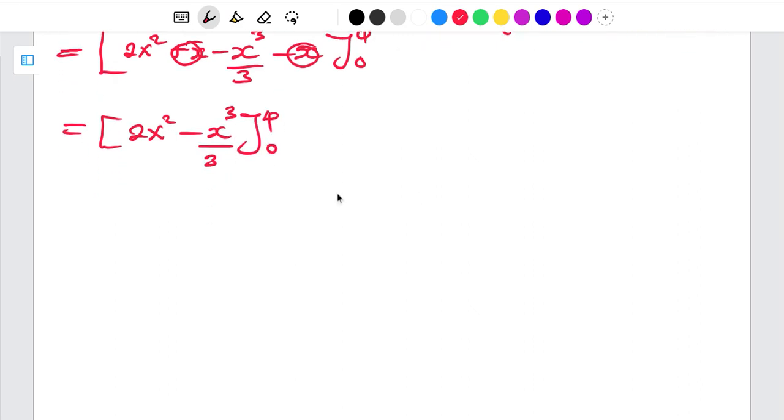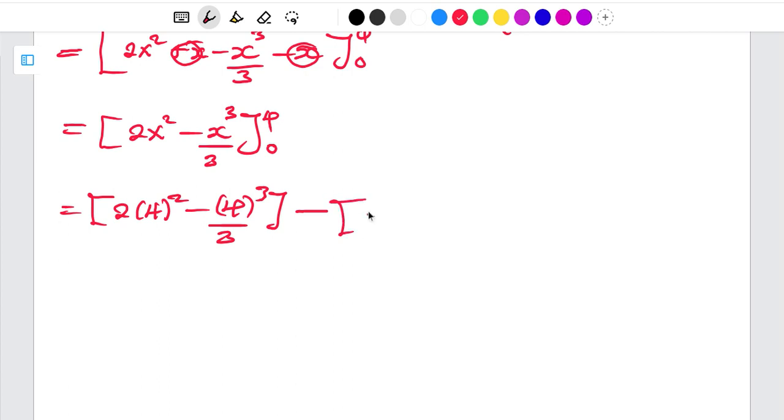So what we're going to do next here is we're going to replace 4 throughout, and then minus, again we replace 0 throughout in this one here. So what I mean is this: for the first part, we're going to replace 4 where we're having x. Okay, so if I replace 4 where we're having x, this is what we are going to have. Then we say minus, then again we're going to replace 0 throughout.